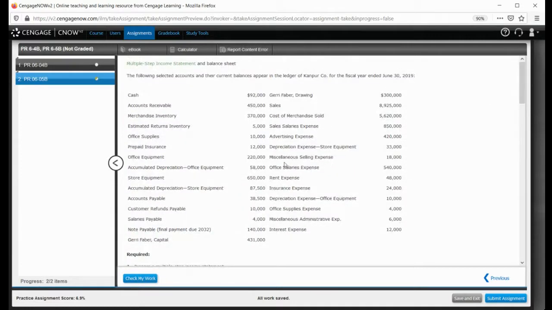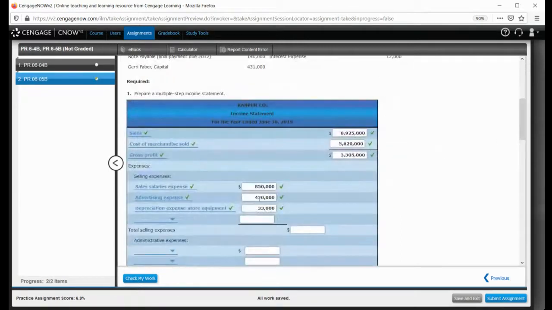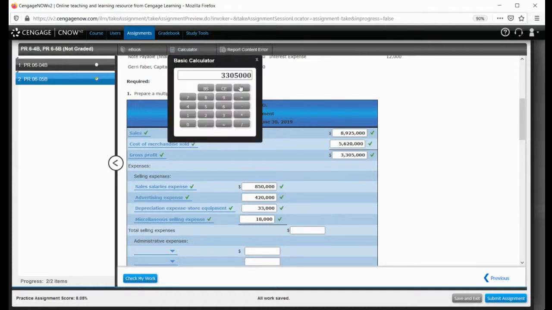And the last type of selling expense is your miscellaneous selling expense, $18,000. The next step is to total up your selling expenses.